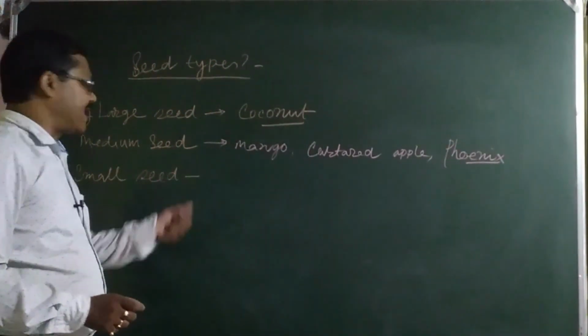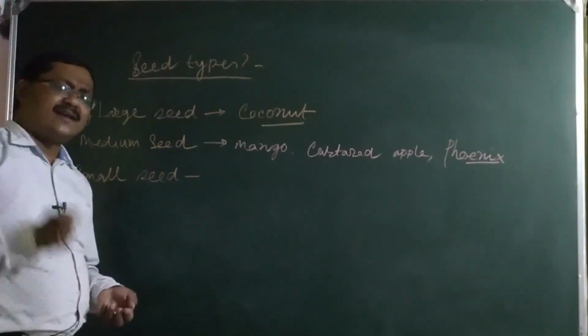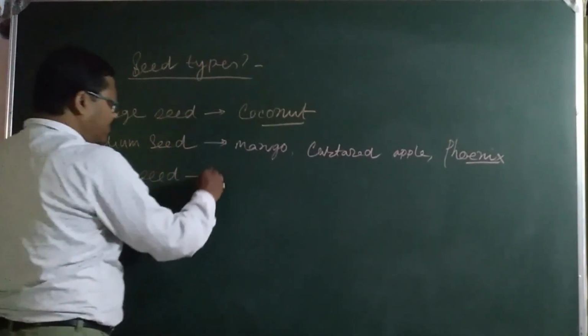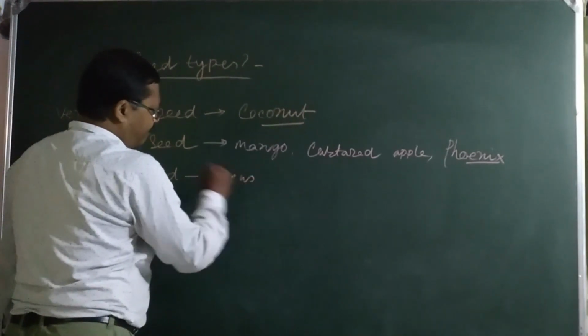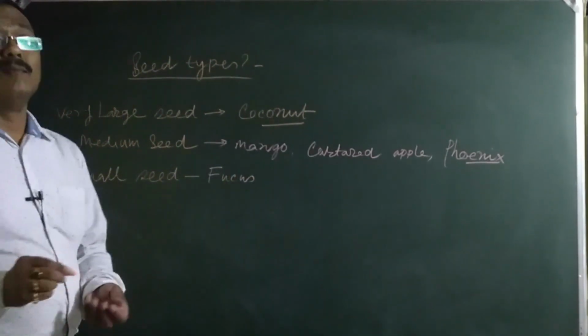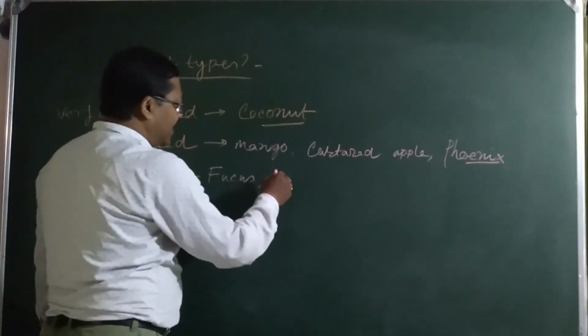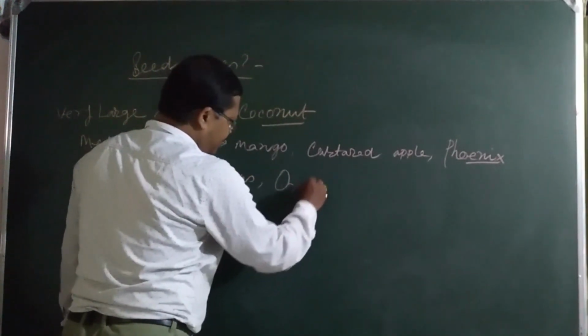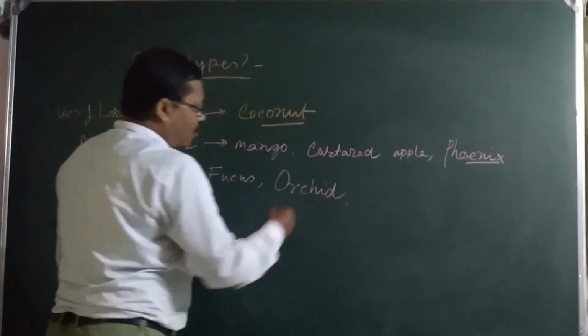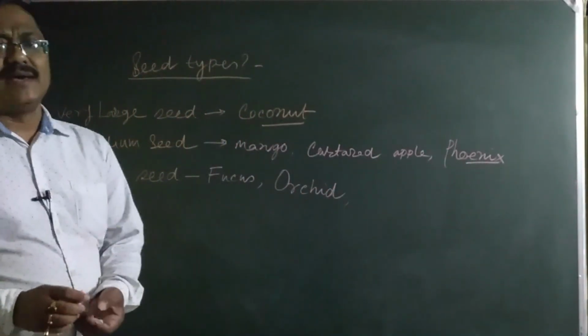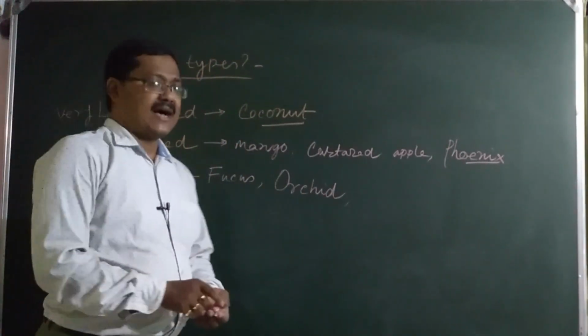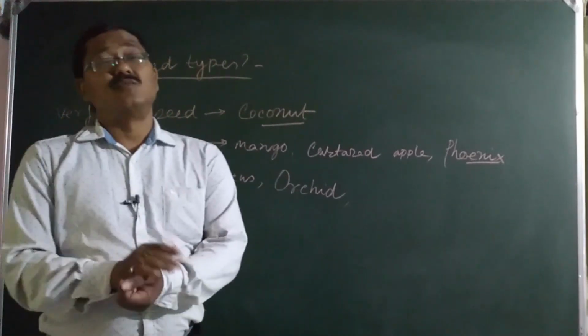And the very small size seed, a very teeny seed, is found in Ficus. Another name is the bot, Ficus. Sometimes some seeds of the orchid are also very small. Amorphophallus, a monocot, has very small seeds.